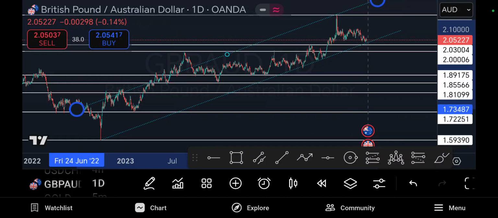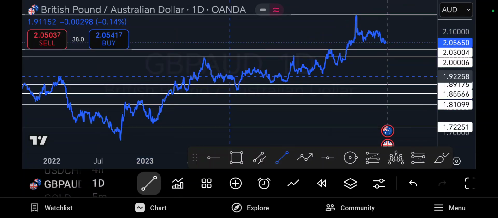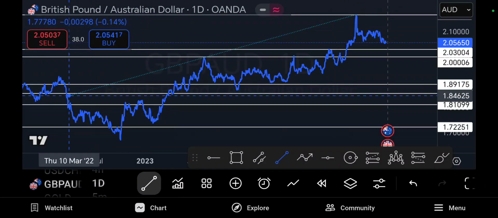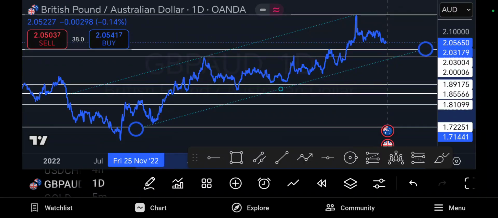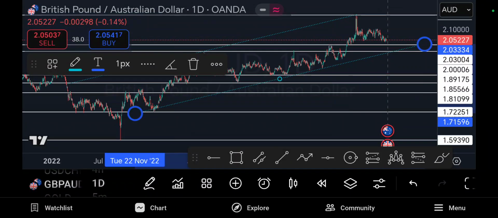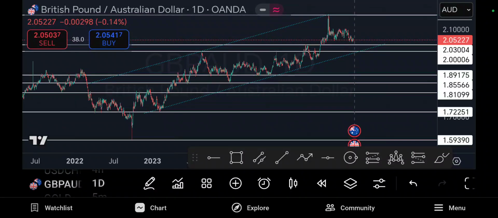We'll just use this one, this area there. Then we clone this, we copy it to here. Okay, cool. Change back to candlesticks. Now it should make more sense.